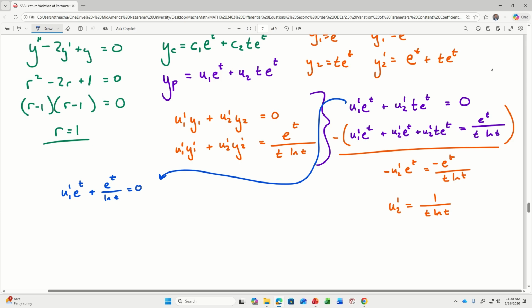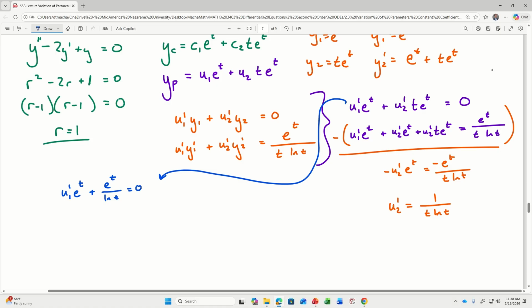In this equation in blue, I could divide both sides of that blue equation by what? E to the t.